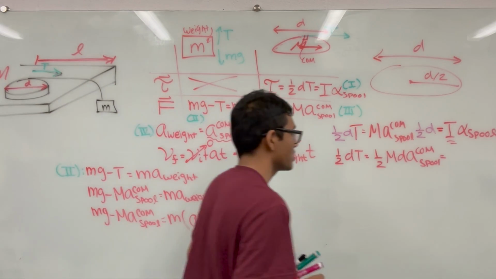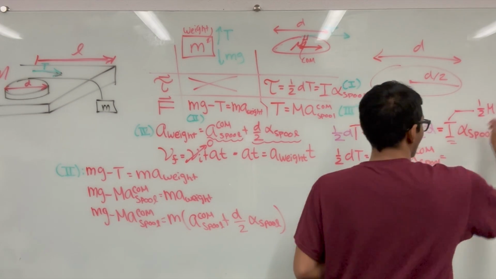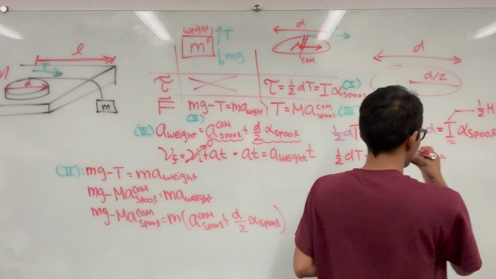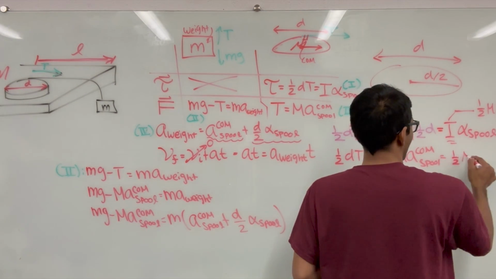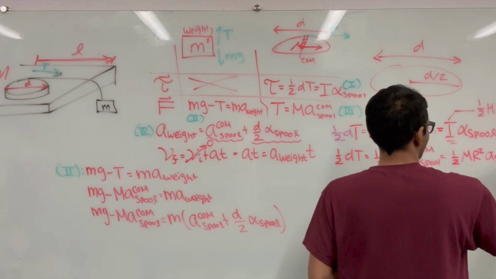Well, that is a good question. You may recall that the moment of inertia for a disk is 1/2 mr squared. So I can just plug that in. This is going to be 1/2 mr squared alpha spool.